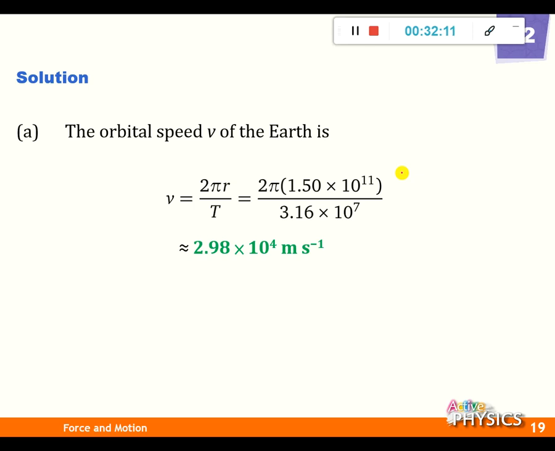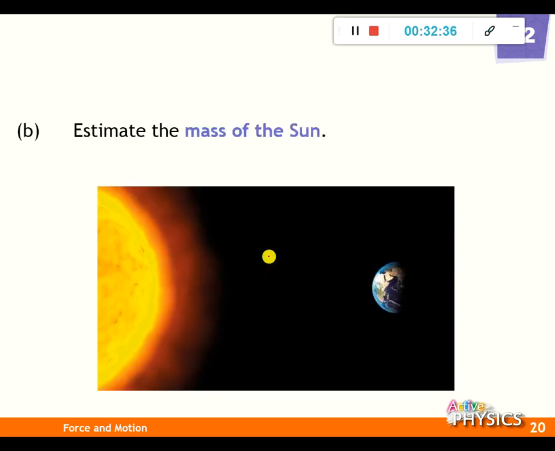Here, this one, 2 pi r, the circumference, over the total time. This one should be the linear speed. Okay, do the calculation very fast. Within 1 second, this one is 10 kilometers. Okay, the Earth is moving very fast.